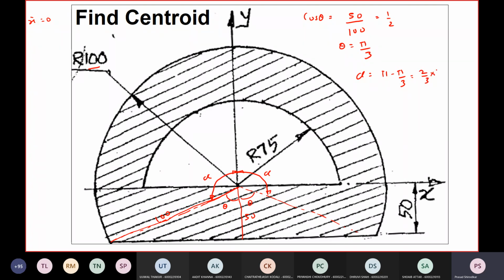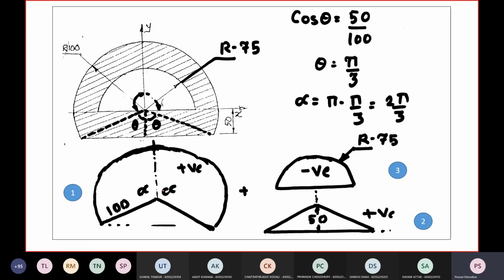So the equivalent area will be this complete sector plus this triangle minus this semicircle. So this will be the complete sector of semi-angle alpha, and this semicircle has to be subtracted, and this triangle.